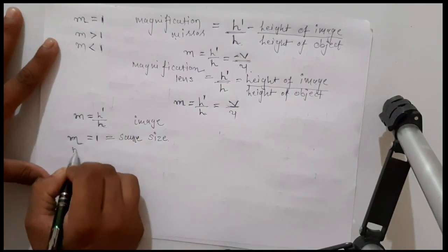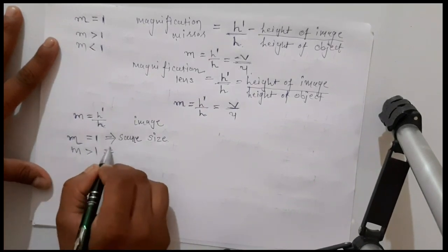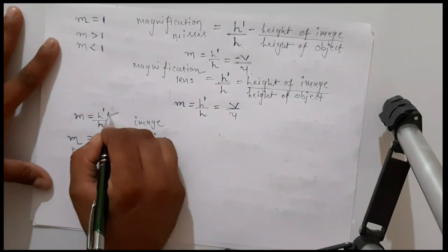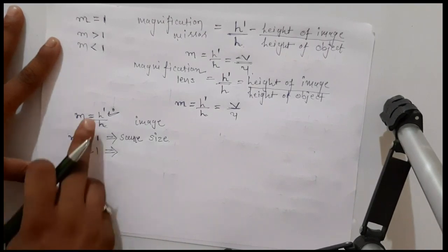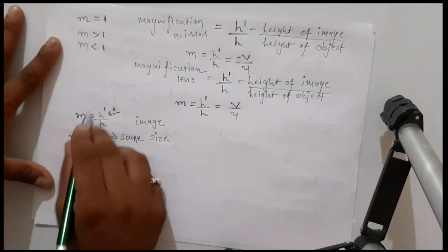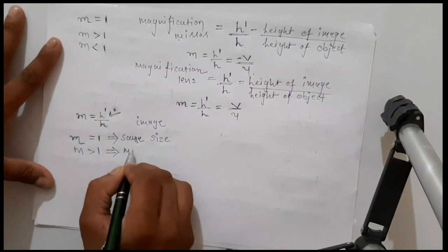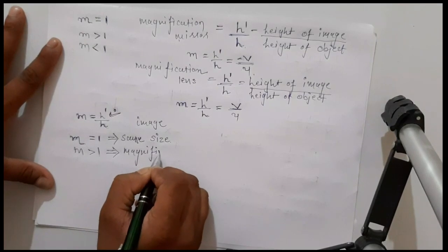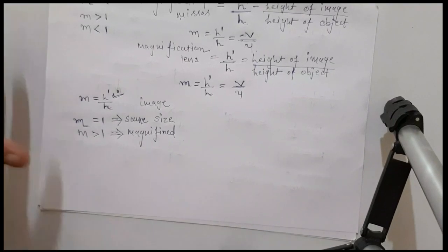If m is greater than 1, it means the numerator must be greater, meaning h dash is greater, so we will get a magnified image.